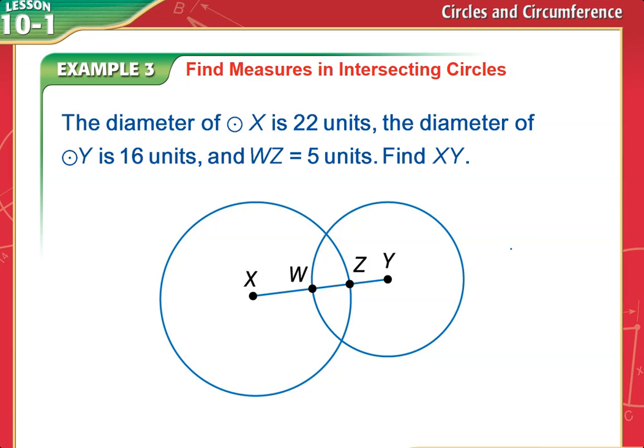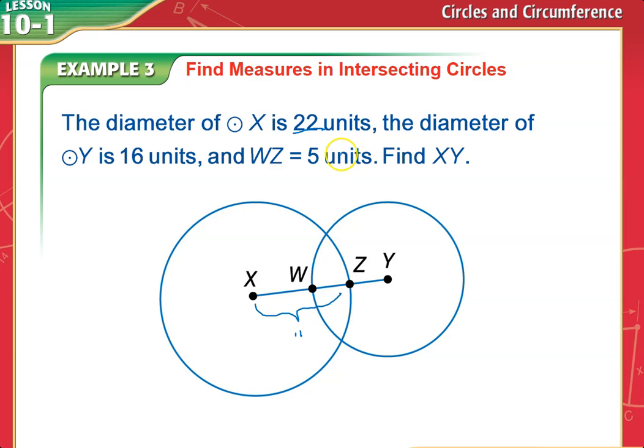Okay, find measures in intersecting circles. We have a diameter of circle X. The radius from X to Z is a radius of circle X, and that length has to be 11, because XZ is a radius and they told us the diameter was 22 units.